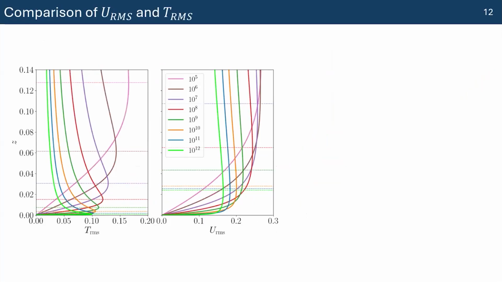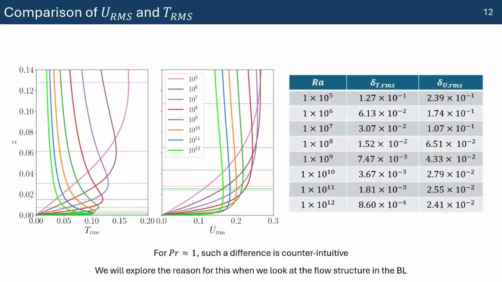Another interesting comparison is the boundary layer thickness based on TRMS and URMS. If we see, the boundary layer thicknesses are very different. For instance, for the temperature-based boundary layer and the velocity-based boundary layer, the velocity-based boundary layer is much thicker, sometimes more than 10 times thicker as compared to the delta TRMS.